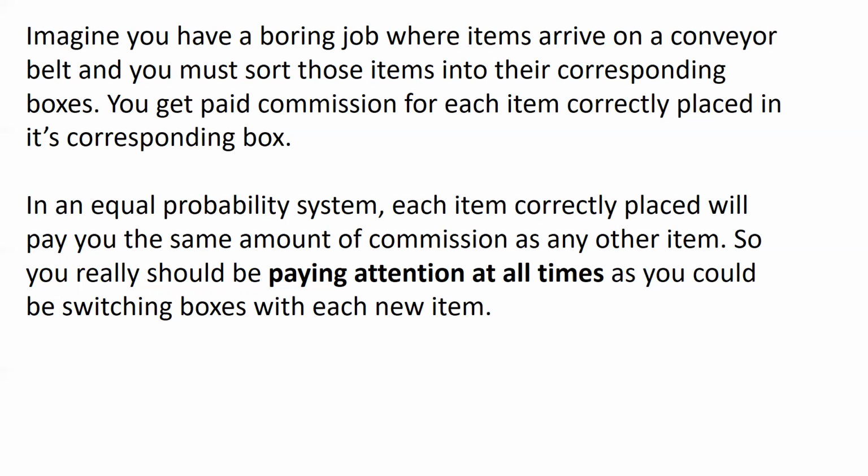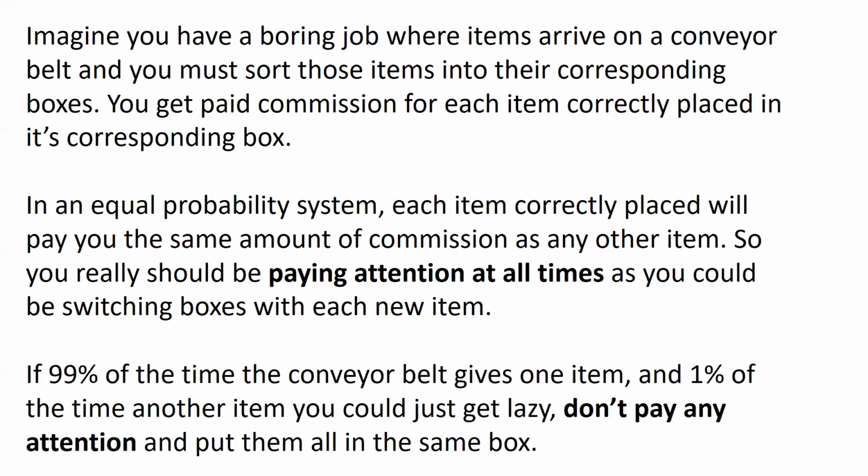So this means you need to be paying attention at all times, because where there are 4 different items, every time you mess up one item, you're losing 25% of your commission. Every item carries the same level of information, or the same amount of commission, if you want to think about it like that.